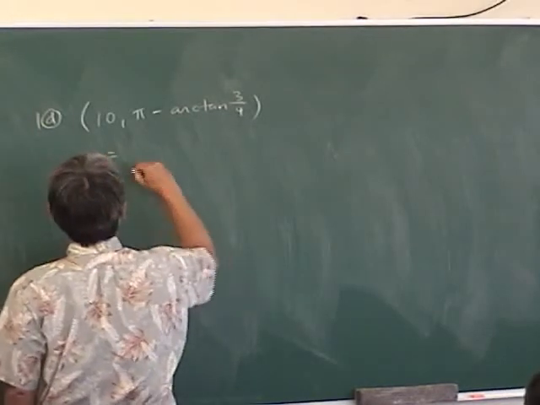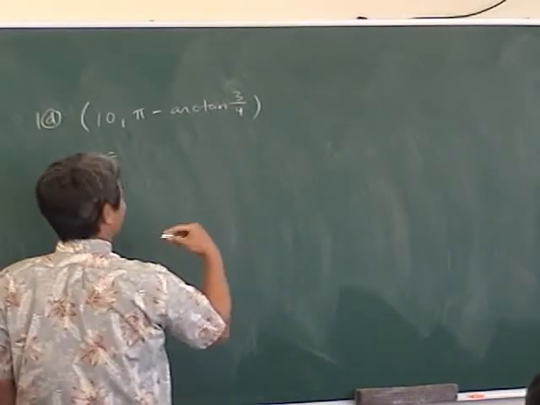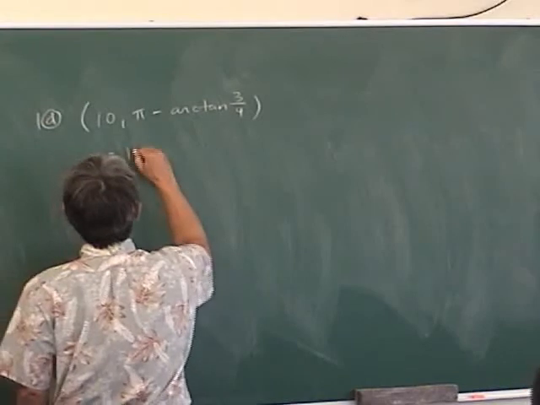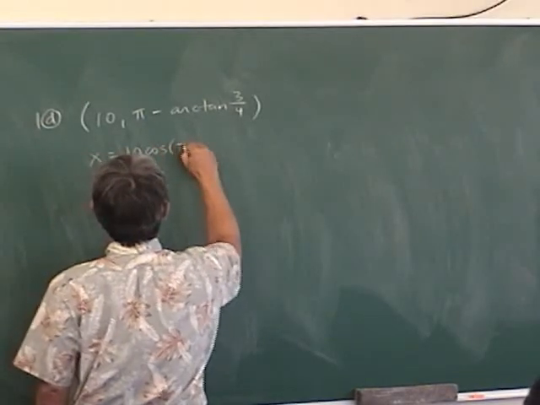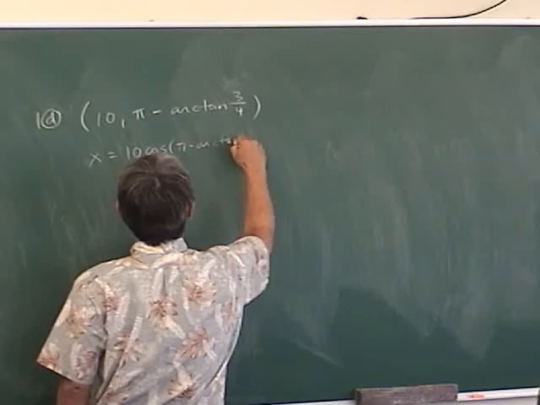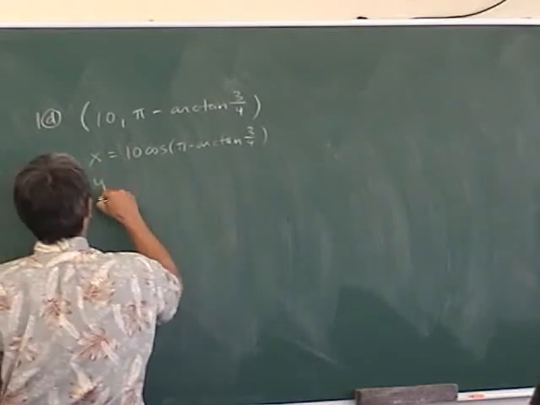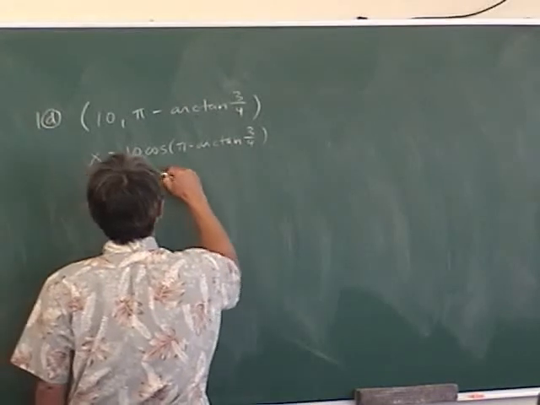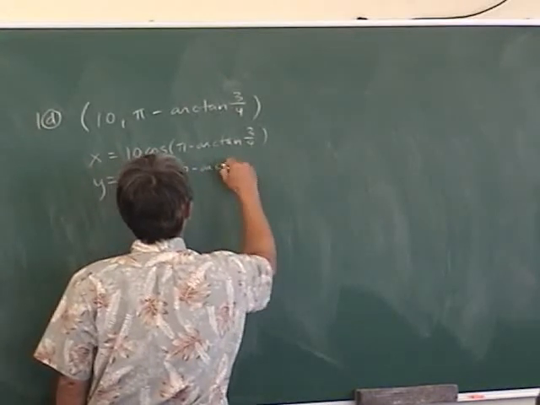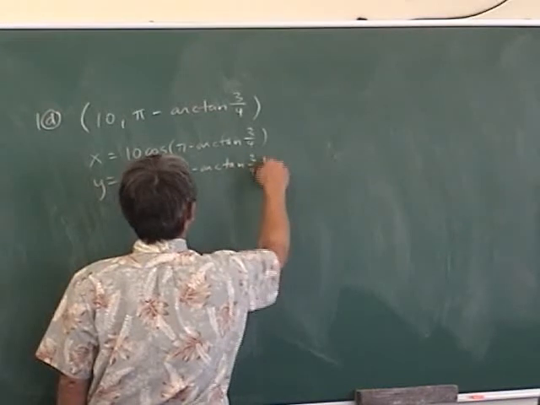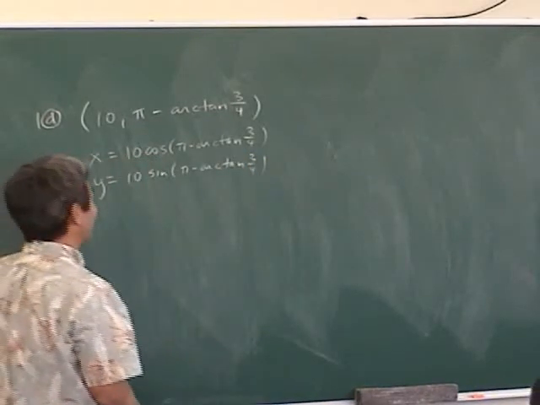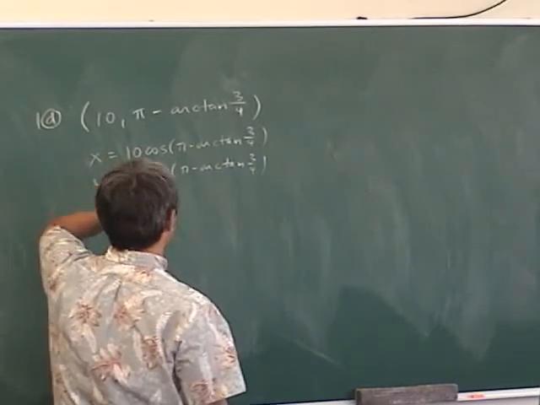Anyway, to convert to rectangular, the easiest thing to do is use the formula: X equals R cosine theta, and Y equals R sine theta. Remember, this is just an angle measurement. I'll do one of them.